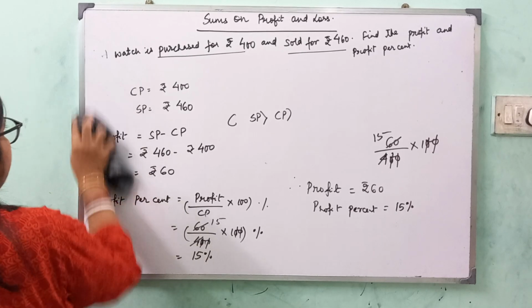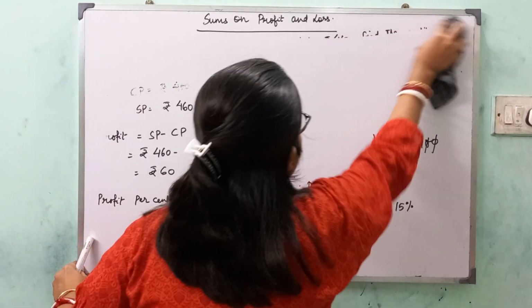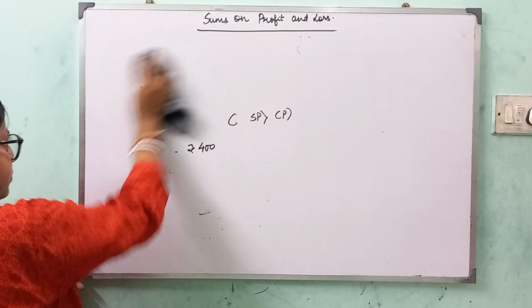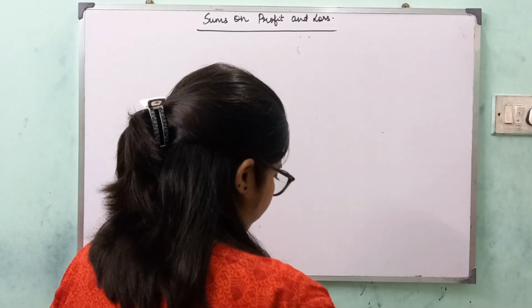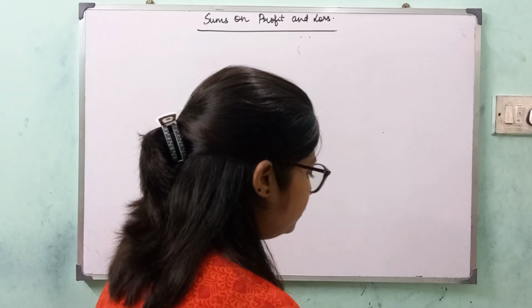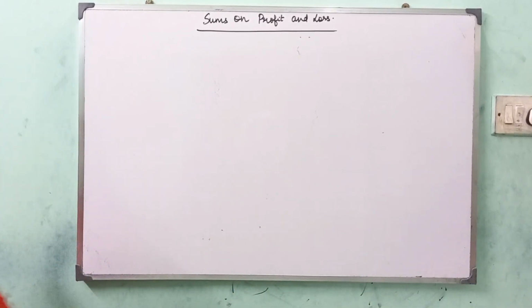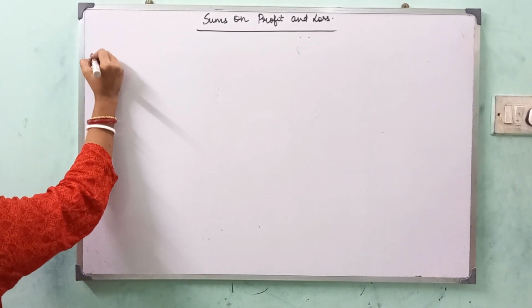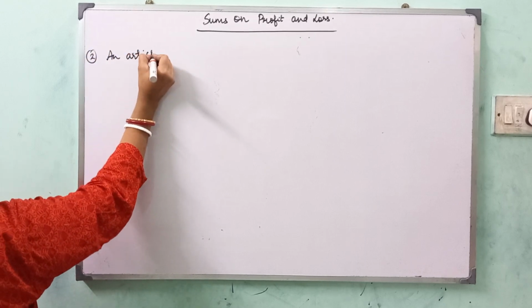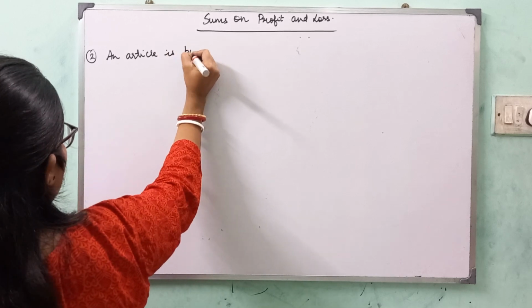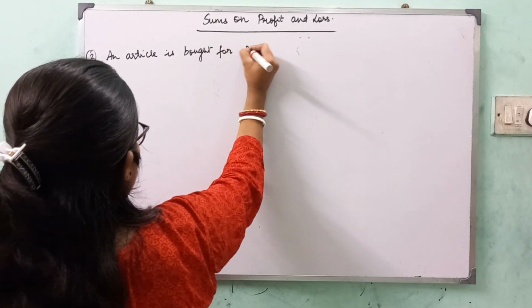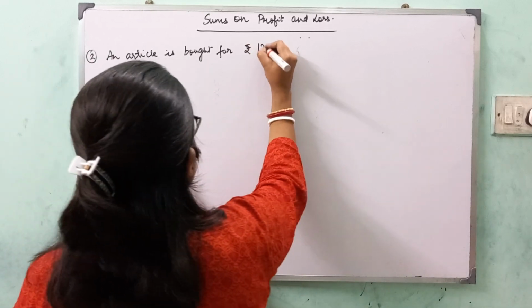Alright, now next sum. Sum number 2. An article is bought for rupees 1200.